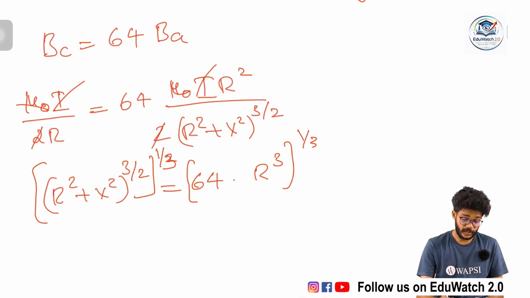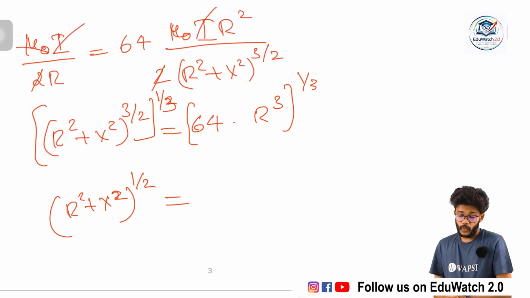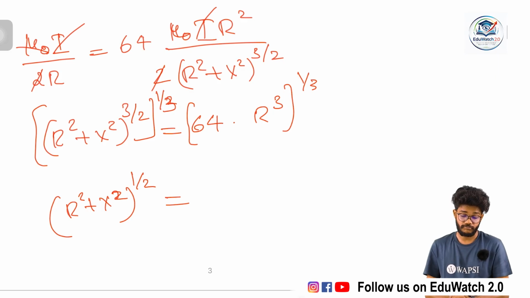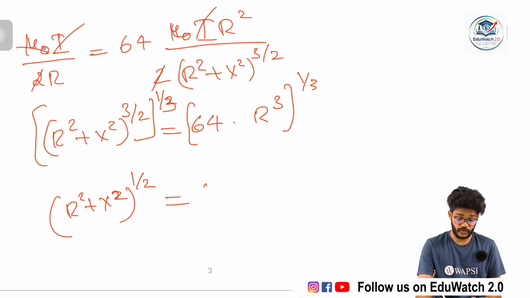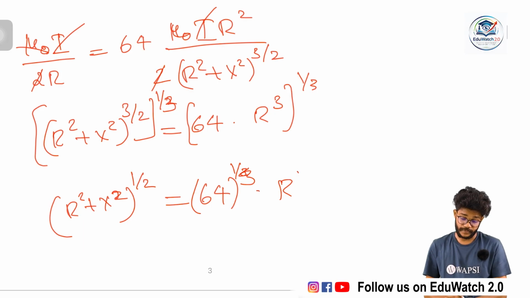On the left side we get (r² + x²) raised to 1/2, which is equal to 64 raised to 1/3 times r.